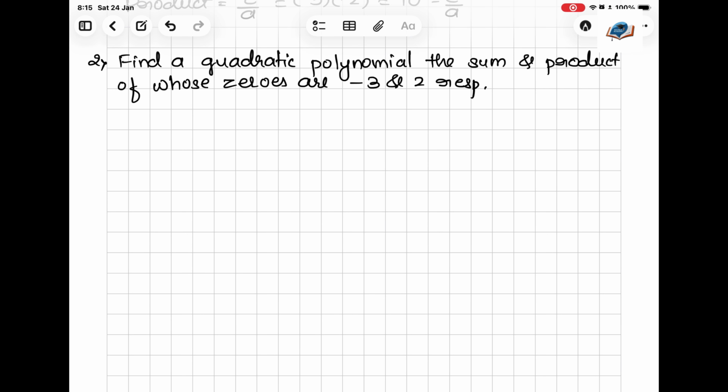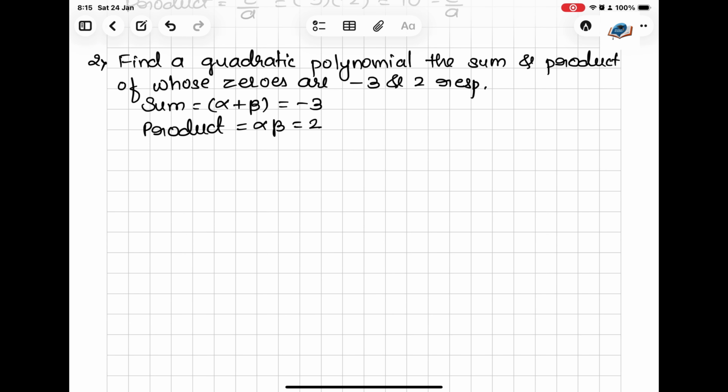So, the sum of zeros, alpha plus beta, is given as minus 3, and the product of the zeros, alpha beta, is given as 2.